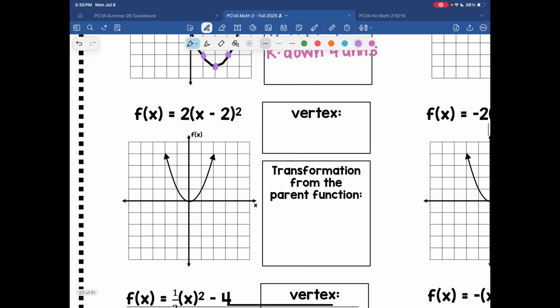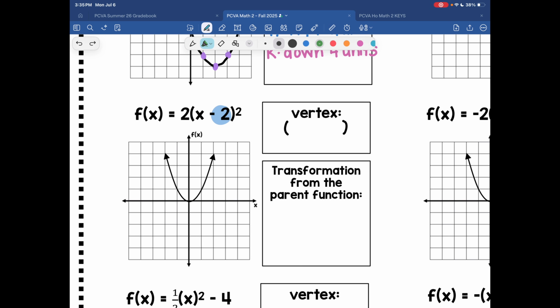All right, so for this next one, we do have a value that's in the front, but we also have to identify the entire vertex. So when we look at our vertex, we've also got to think about what is my h again and what is my k? So my h, but I don't have a k value. Well, technically I do.